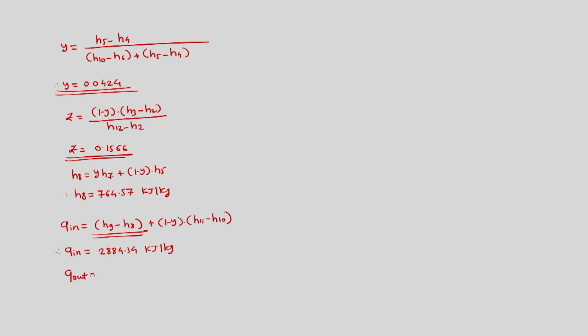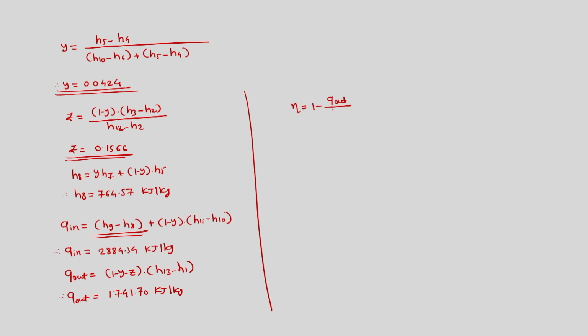We can find Q out, which is (1 - y - z) into (h13 - h1), and we get Q out as 1741.70 kilojoule per kg. This gives us an efficiency, which is 1 minus Q out upon Q in.